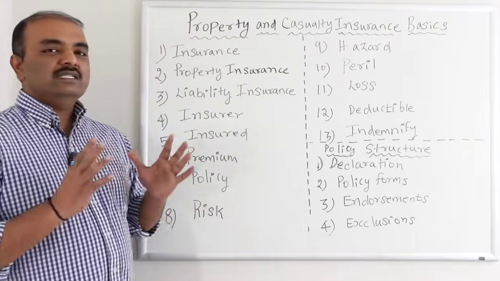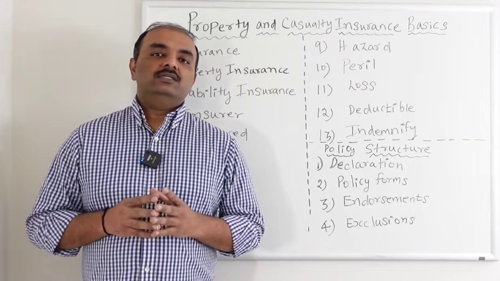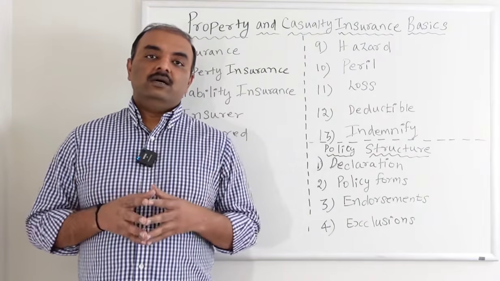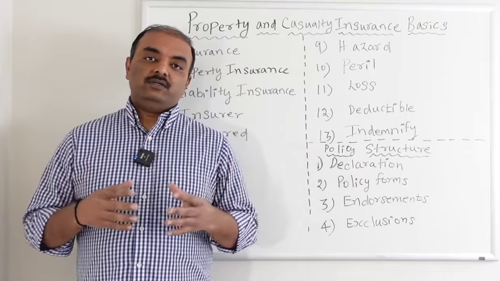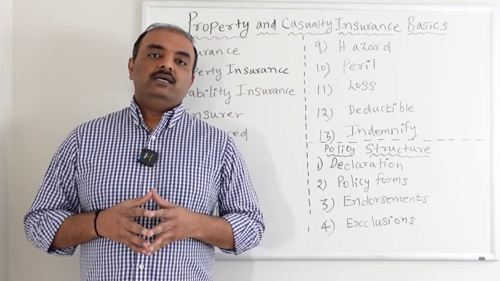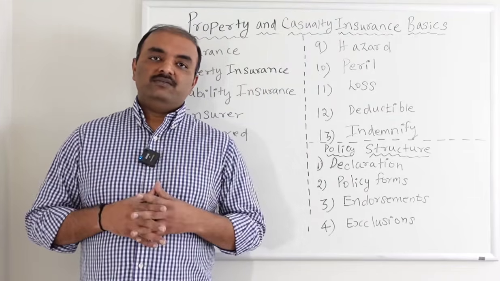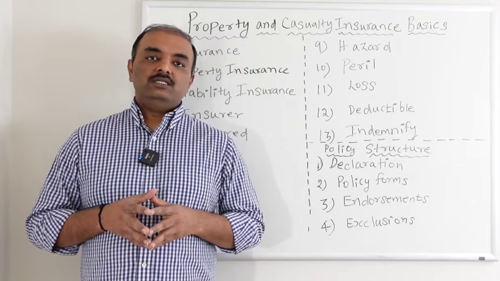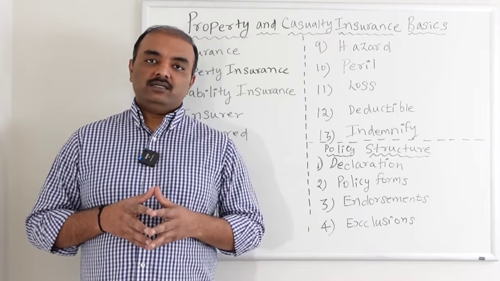First, what is insurance? Insurance is basically a method of spreading the risk of financial loss among a large number of people. What does that mean? Say you have a home. If something happens to your home and you don't have insurance, it is your responsibility to cover the loss.